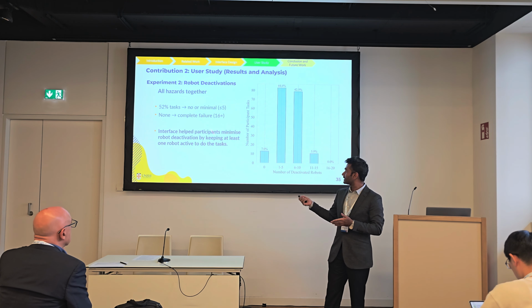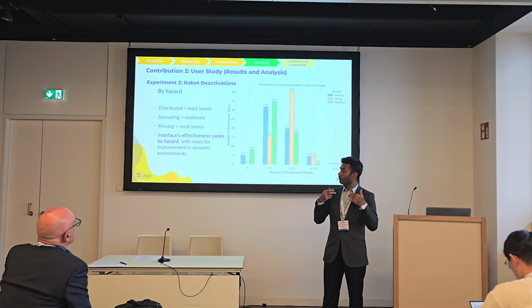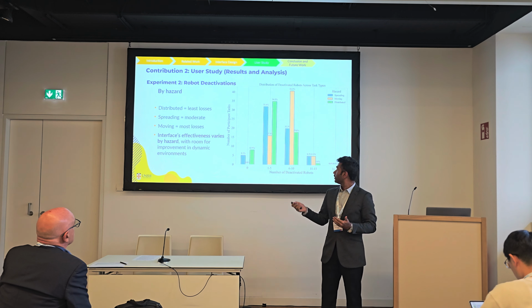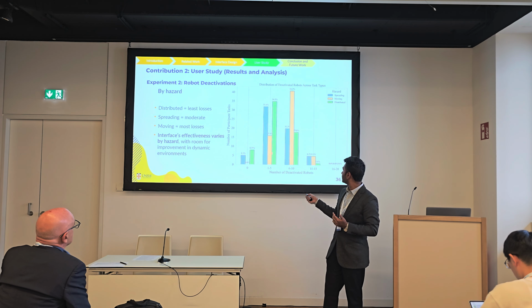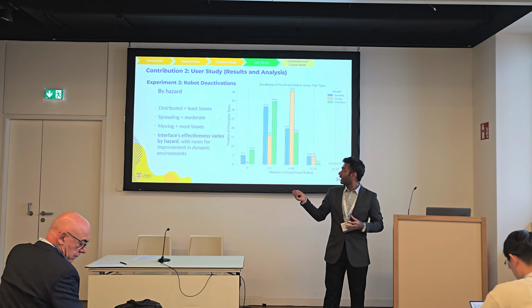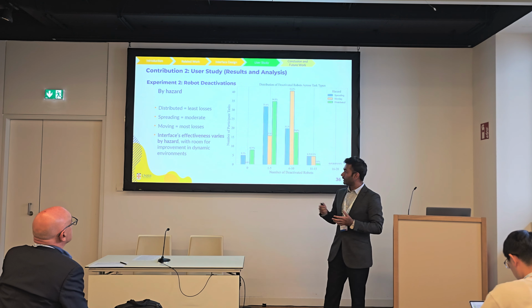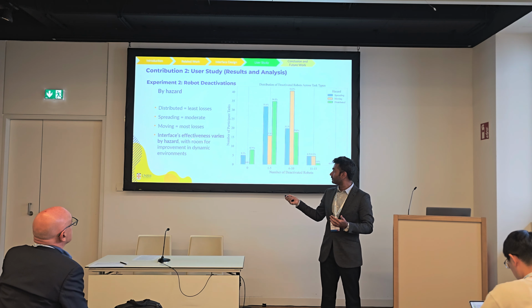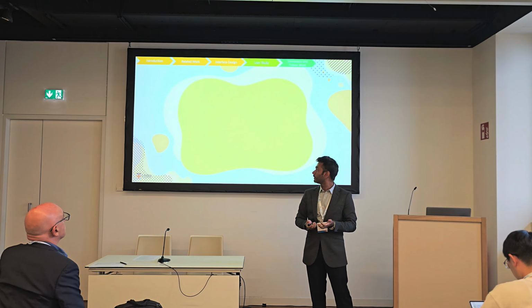That means the interface helped participants minimize robot losses as well. Hazard by hazard, distributed has the least number of losses, shown in the green bars, and moving has the most, as shown in the orange bars. So the interface's effectiveness varies by hazard type, which leaves room for improvement in future.